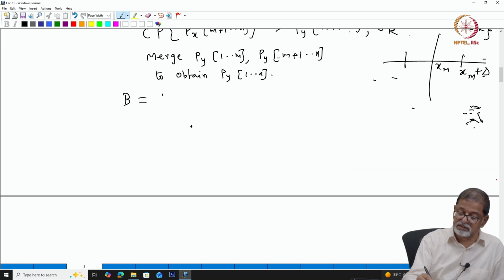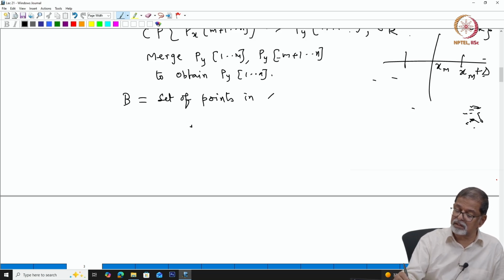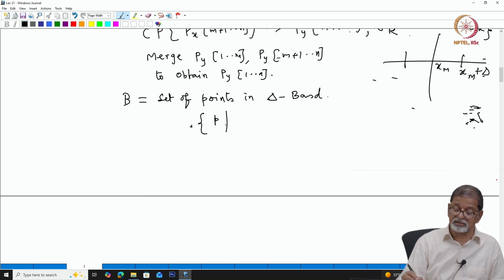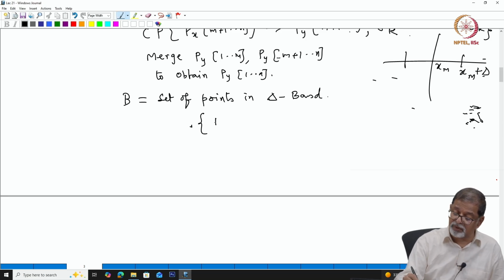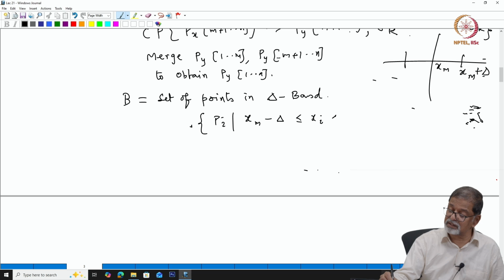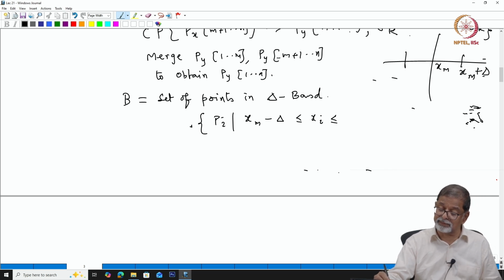B is the set of points in the delta band, defined as the set of all points Pi such that xm minus delta is less than or equal to xi, which is less than or equal to xm plus delta.